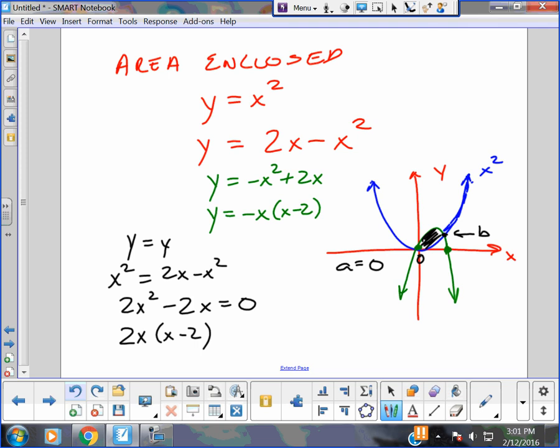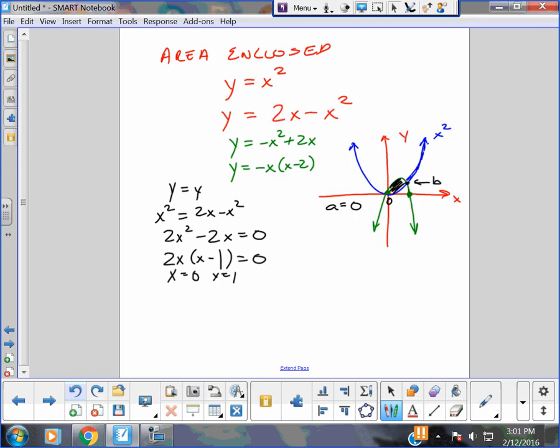Where's my math mistake? Oh, it's not 2. There's my math mistake. Friday afternoon math mistakes. You guys are letting me make them. And what do we get? I get two answers here: x is 0 and x is 1. Guess what B is? B is 1.